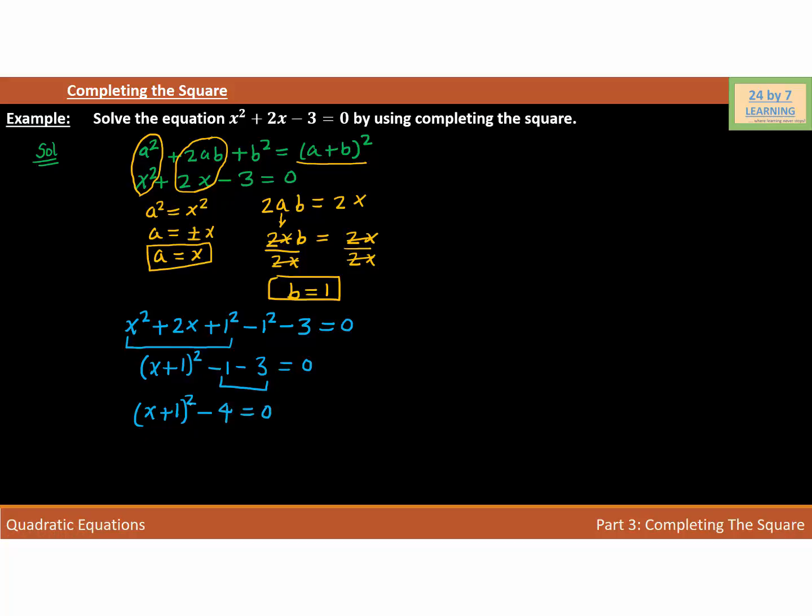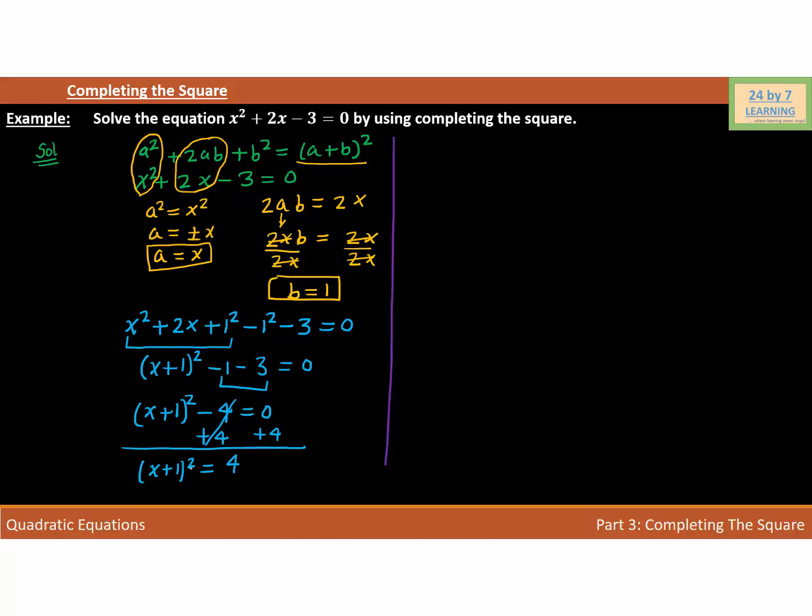In order to find the value of x plus 1, I need to get rid of this 4, and the only way I can think of is if I add 4 on both sides. If I add 4 on both sides, I can get rid of this term right here, and my left side will be x plus 1 whole square is equal to 0 plus 4, which is 4.